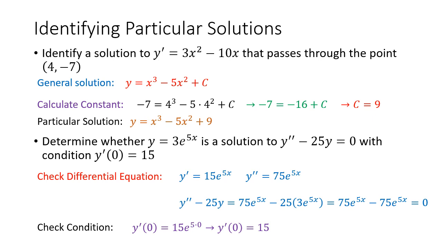Noting that e to the 0 is 1, we have 15 times 1, and that's equal to 15. So that satisfies the condition. And given that our solution satisfies the differential equation and our initial condition, we have a particular solution for this situation.